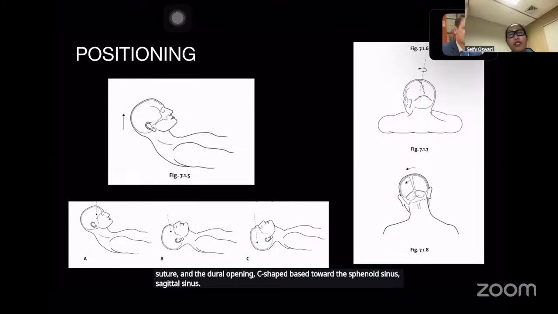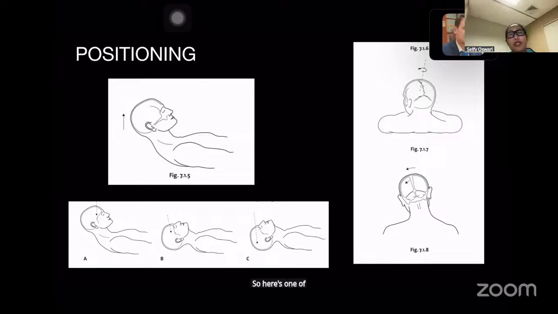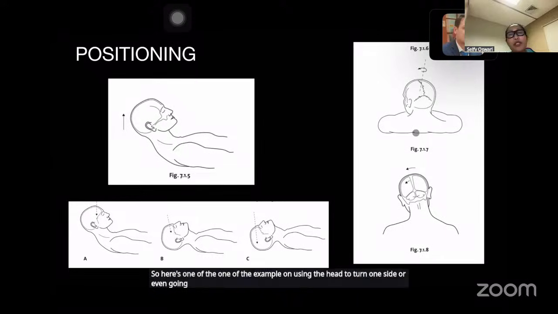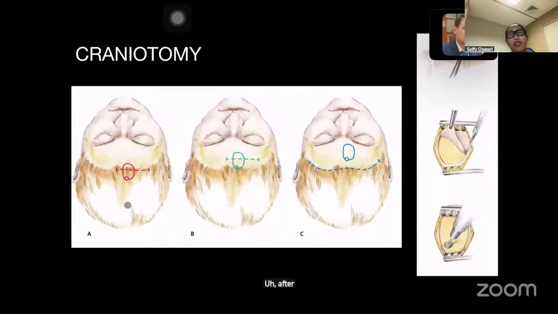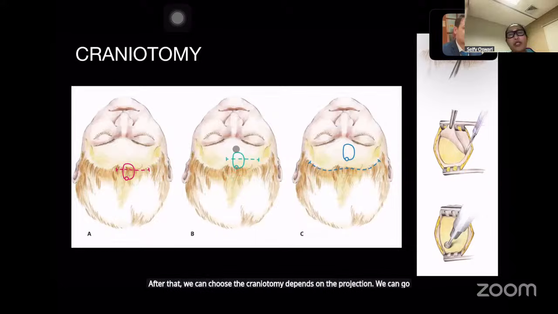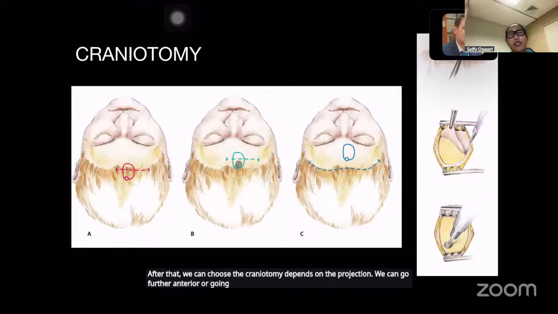So here's one example of turning the head to one side or even going lateral all the way. After that, we can choose the craniotomy depending on the projection. We can go further anterior or posterior. But the classical way is 1/3 and 2/3 of the anterior coronal suture.